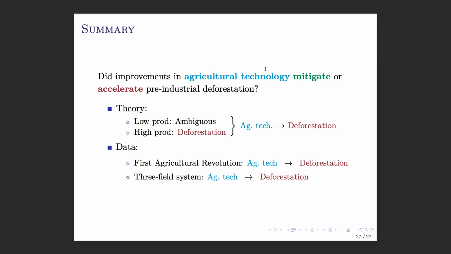But the question is, is that the most worthwhile use of the land? That question depends on the price elasticity of demand, whether I will optimally choose to allocate my land to forest or agriculture following an increase in agricultural productivity. Okay.